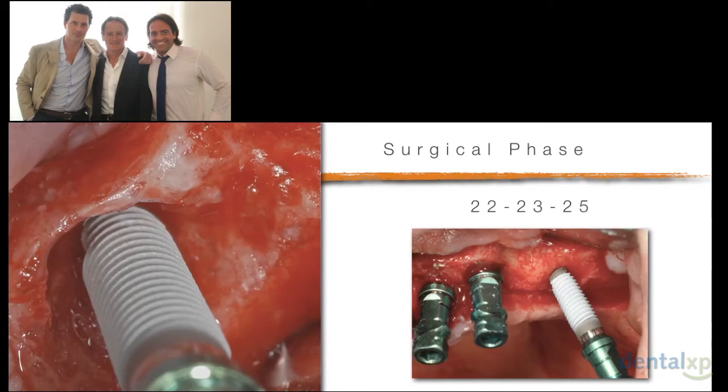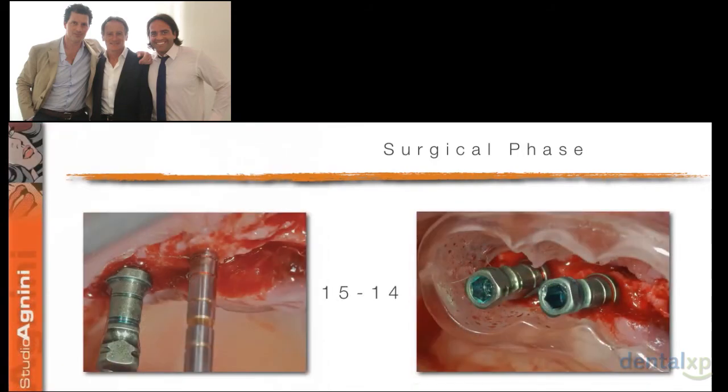For the tilted implant, it's important to do a small opening of the sinus in order to be anatomically driven in the placement of the tilted implant. So you see how many details are involved surgically and prosthetically in this kind of restoration.